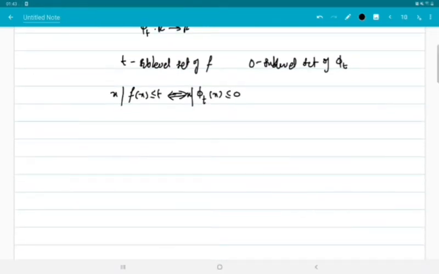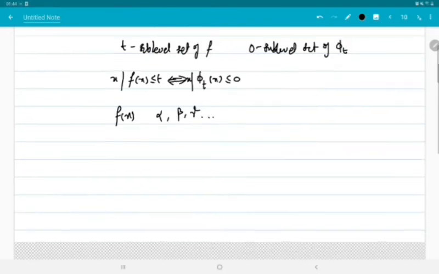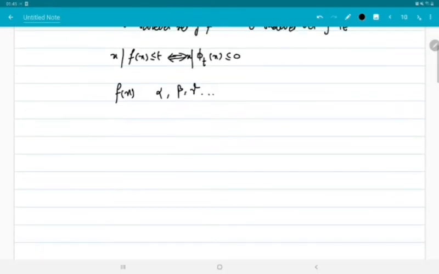So for example, if I have a quasi-convex function f of x, and I have certain points at which I can divide it in sublevels, suppose alpha, beta, gamma, then the family that I would like to have to represent my quasi-convex function will be phi alpha x less than equal to 0.